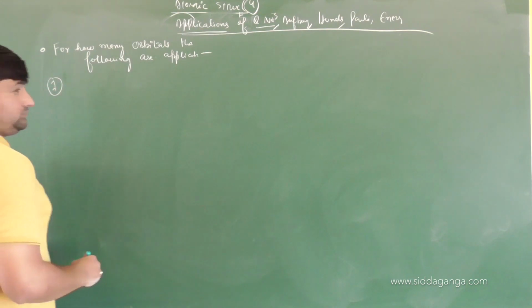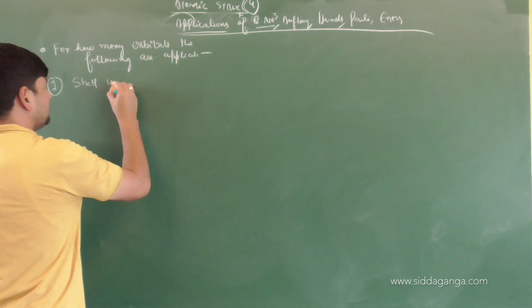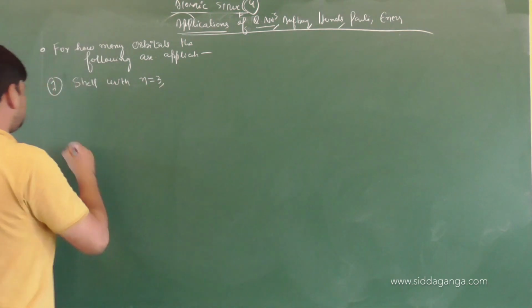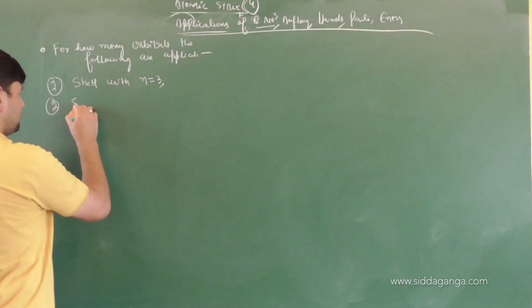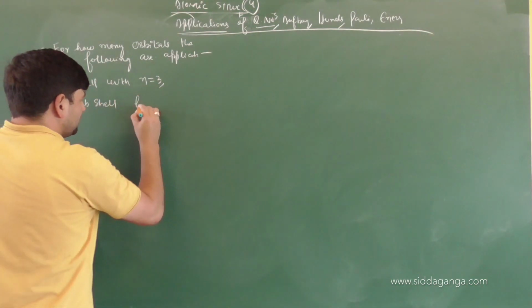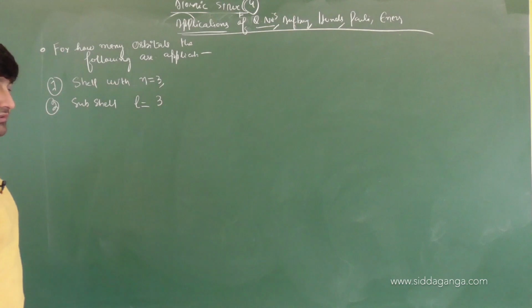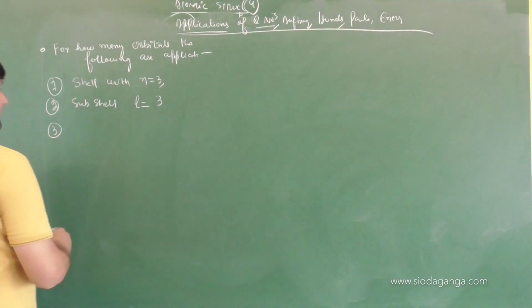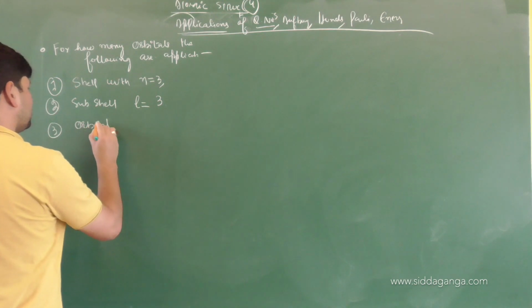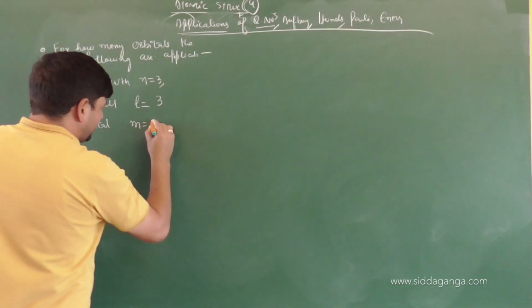First one, shell with n value equal to 3. Second, subshell with l value equal to 3. And third, orbital with m value equal to plus 3.